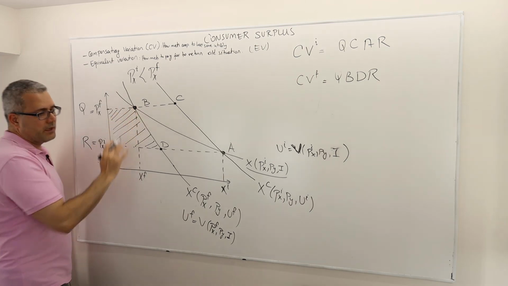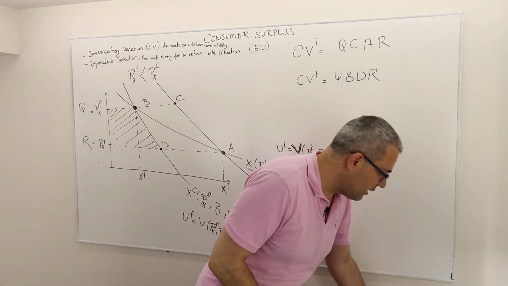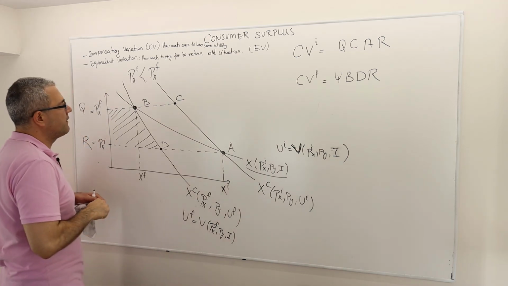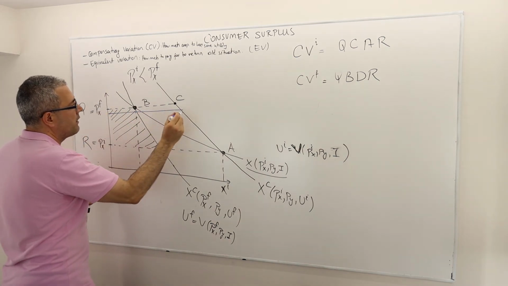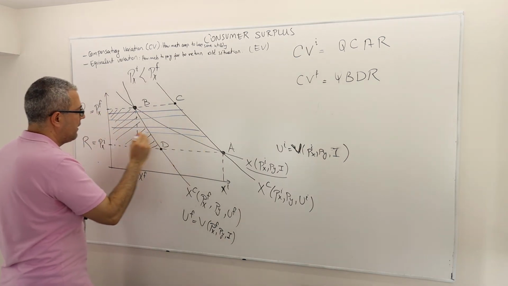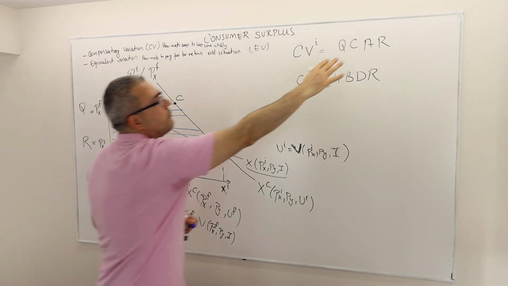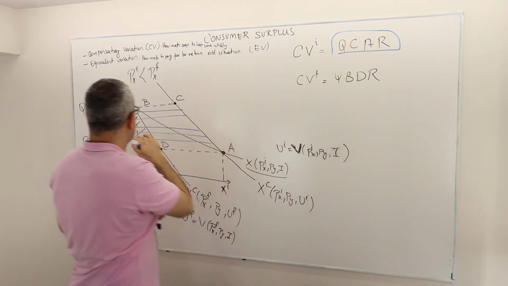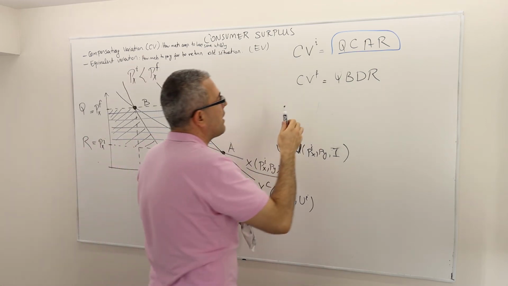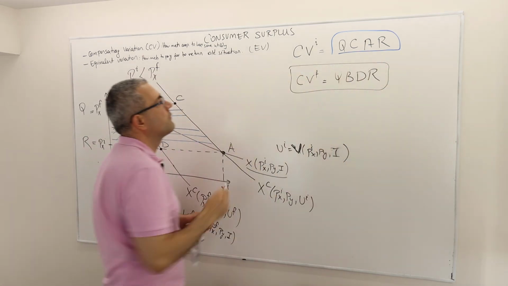Versus this bigger area. I have different colors, but I'm just worried that the colors may not show well. Okay, not so bad. So this is the blue area, and the smaller area is this area. All right.